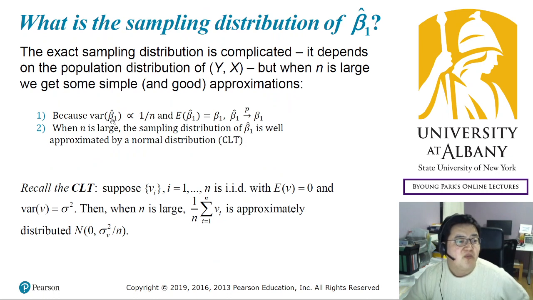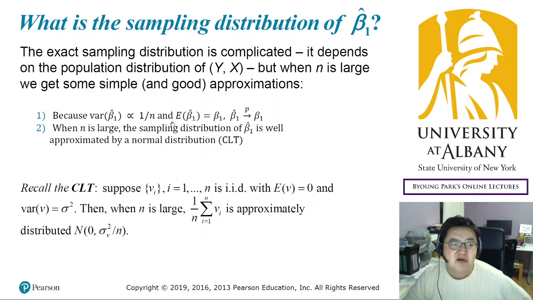So then the point here is, as the variance is proportional to 1 over n, inversely proportional to the sample size, which means the variance converges to 0 in the end. So in the limit, the variance will be close to 0, right?